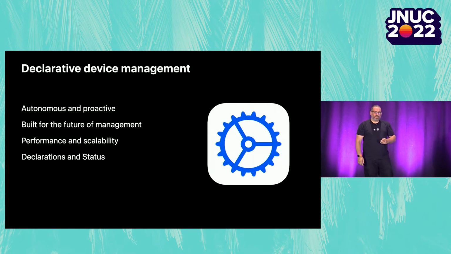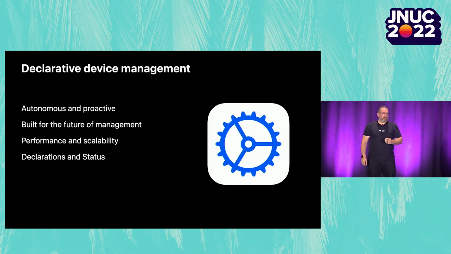So let's look at DDM. Last year, we introduced declarative device management, a new paradigm for managing Apple devices for re-envisioning the MDM protocol itself. Declarative device management is powerful because it allows the device to be autonomous and proactive. The device is autonomous as it reacts to its own state and applies management logic itself without prompting from the server. The device is proactive.